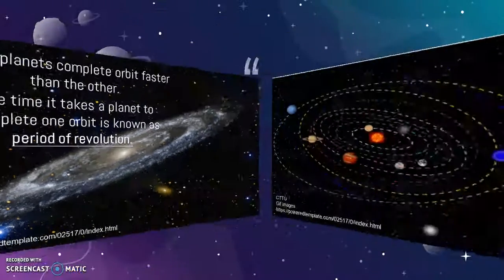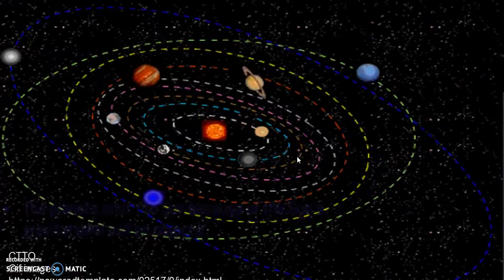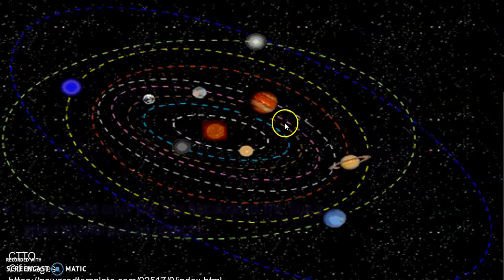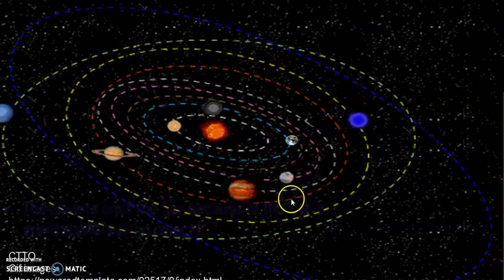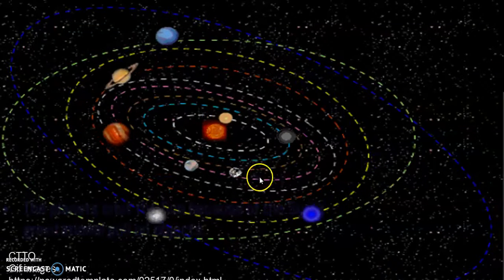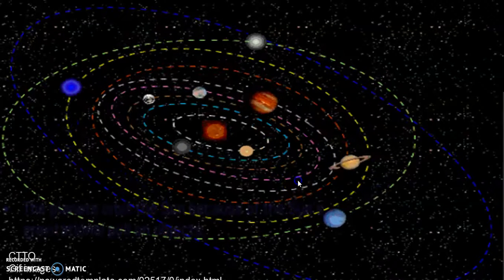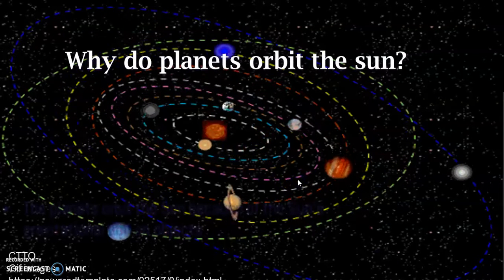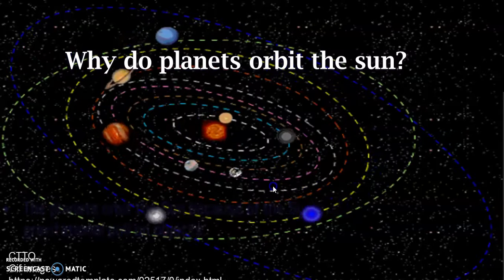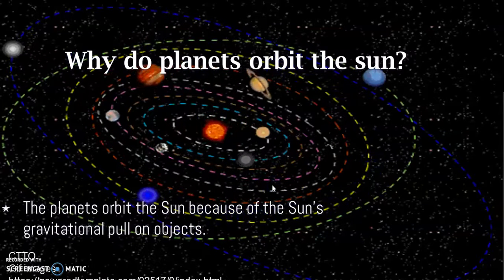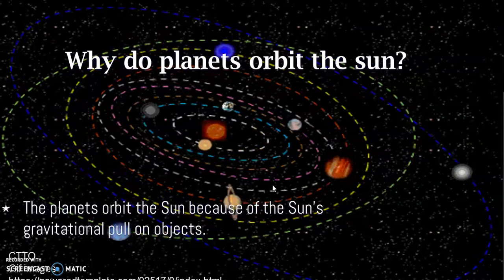Now, look at this image. As I have said before, the movements of planets around the sun coordinate with elliptical orbits. They move in an elliptical orbit. Now, why do planets orbit the sun? The reason is the planets orbit the sun because of the sun's gravitational pull on objects.